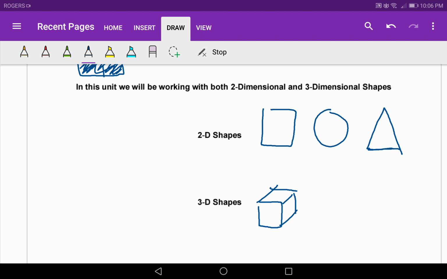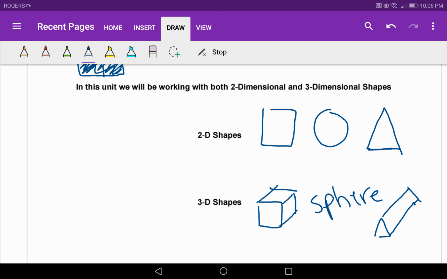So instead of a circle, now I'm not going to be able to really draw a sphere, but a sphere would be a type of 3D shape. And instead of a triangle, a triangular prism would be a 3D shape. Let me just try to draw this half decent, but it could look like this, almost like a Toblerone bar, right?